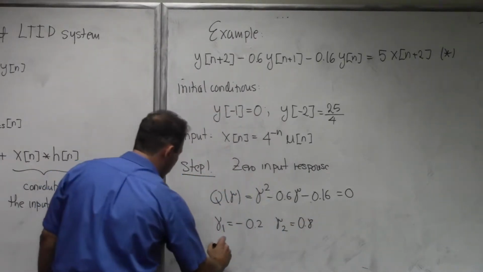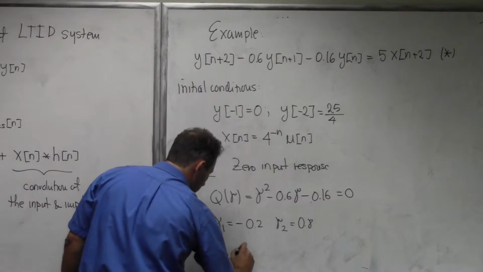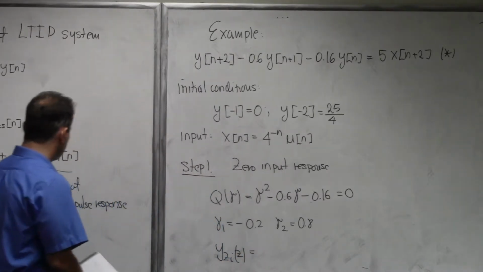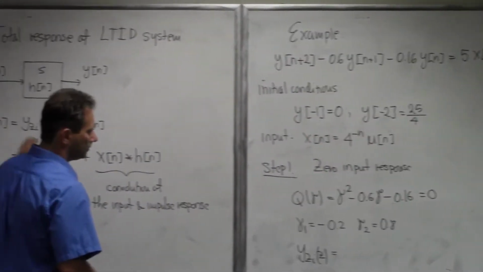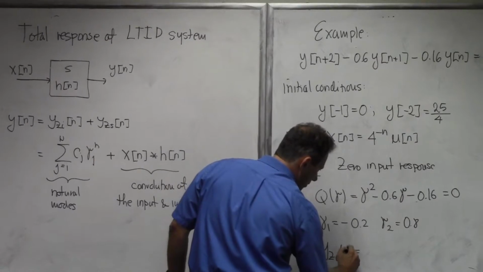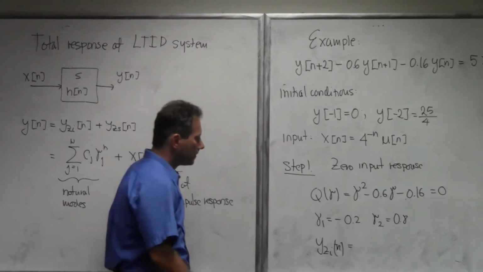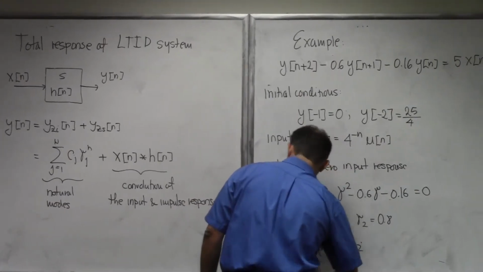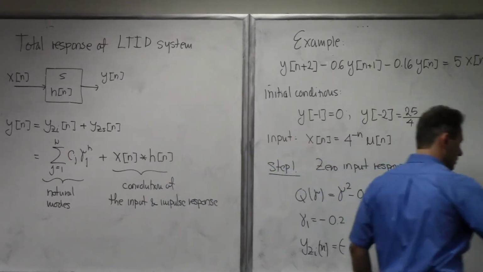From these two, you can form the zero input response, y of z, your zero input, not z of x, sorry. Your zero input response is, with constants, right?